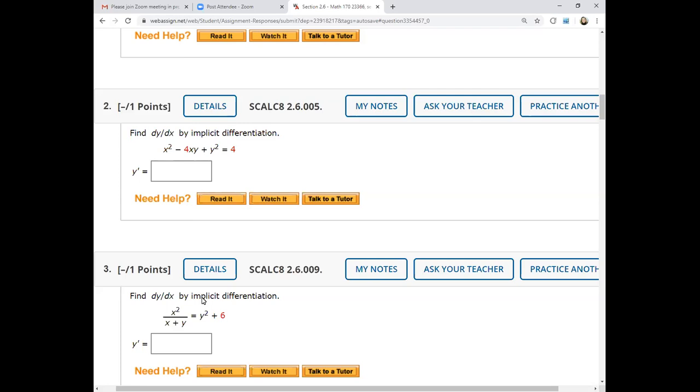The 2's cancel, and so I get dy dx is equal to 2y minus x over y minus 2x.